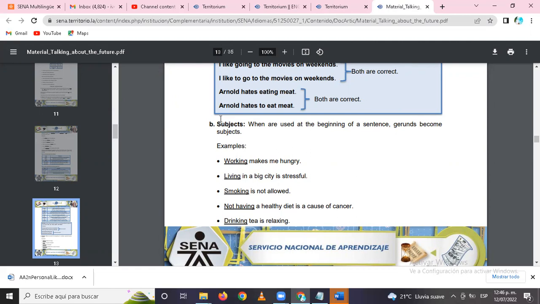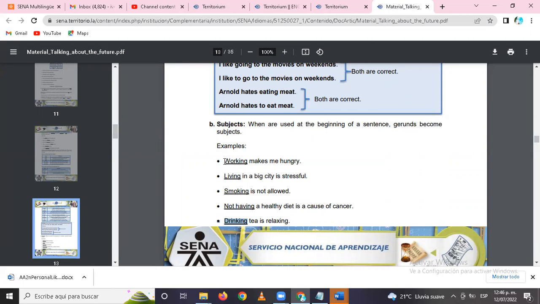Acá es súper claro, porque acá los estamos usando como sustantivos y como sujetos al inicio de la oración. Entonces, working makes me hungry. Yo podría decir to work, similar a la pregunta anterior que hacías. Podría decirlo, pero no es tan común.